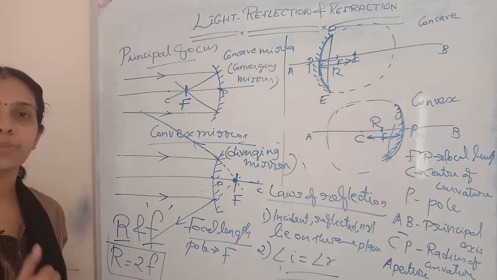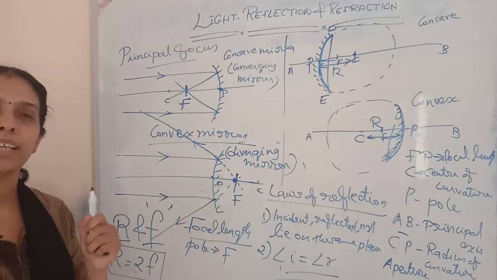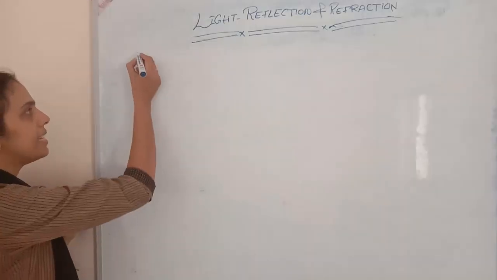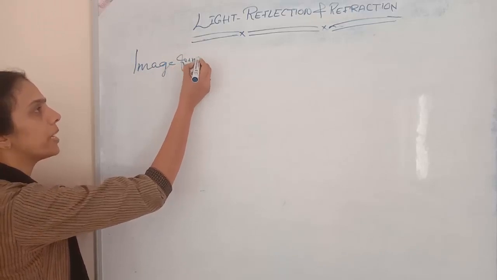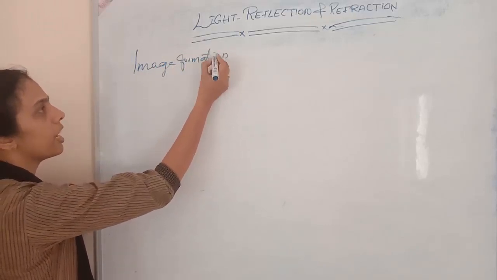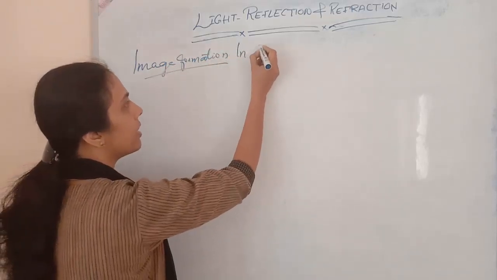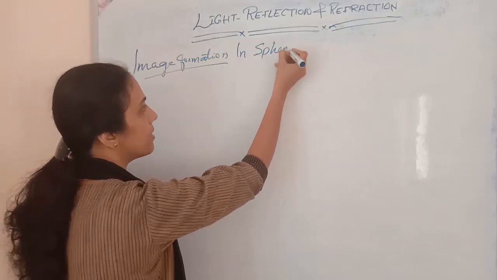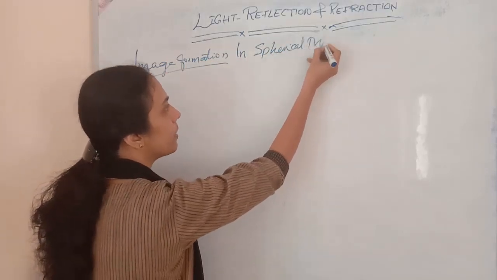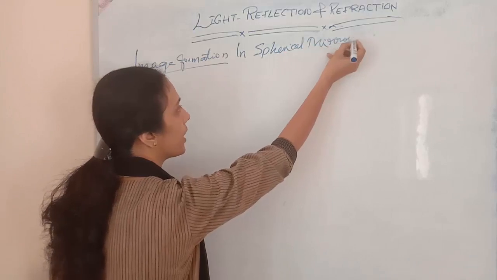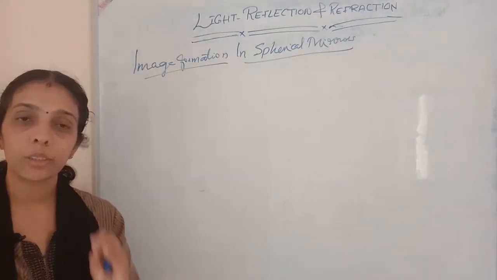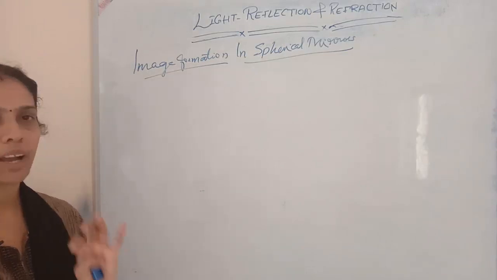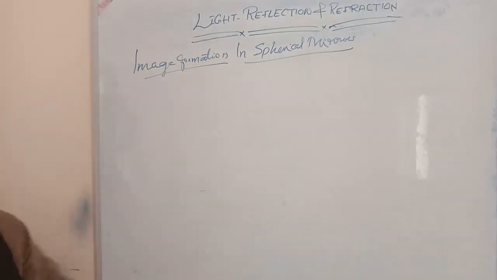Okay, so next we are going to study about the image formation. Next is image formation in spherical mirrors. How can we find out the position of image? There are 3 rules to find out the position of image.